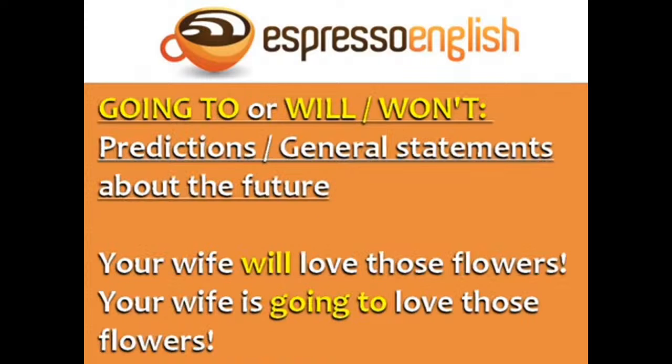One situation in which you can use going to or will or won't is when making predictions or saying general statements about the future. Here's an example of a prediction. Your wife will love those flowers. Or, your wife is going to love those flowers. These sentences are equal.